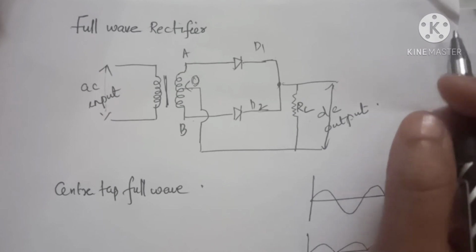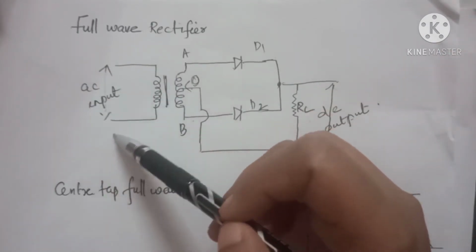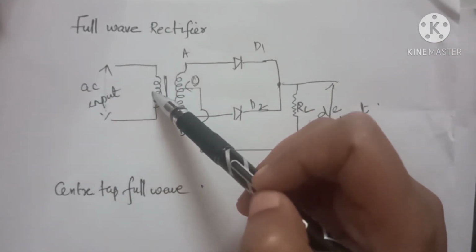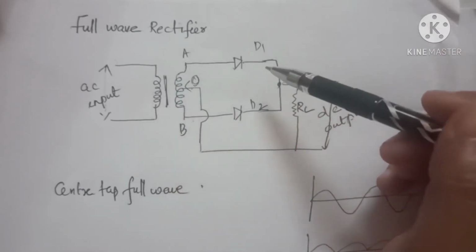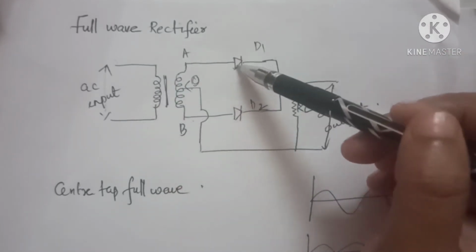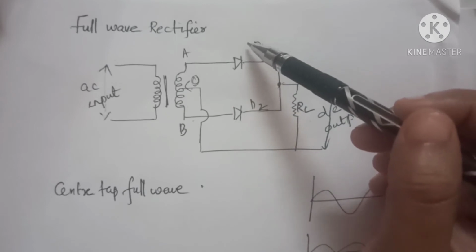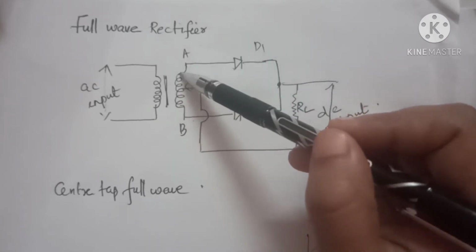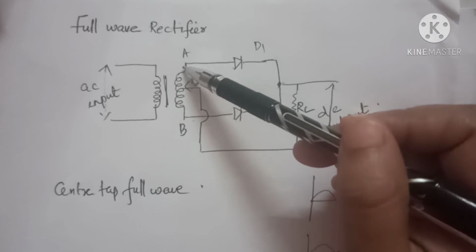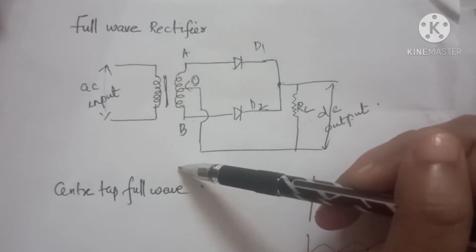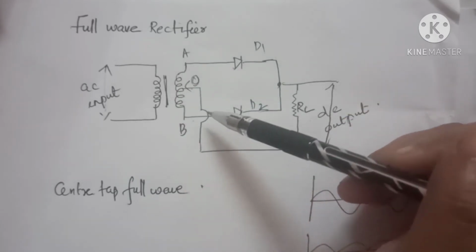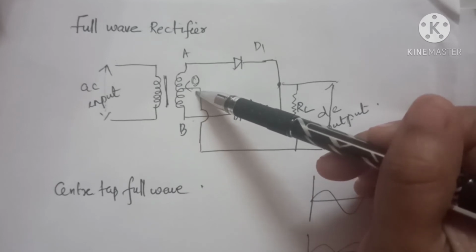Once again, the AC to be rectified is fed across the primary of the transformer, and the P regions, that means these two regions of the diodes, are connected to the ends A and B of the center tapped secondary of the transformer.